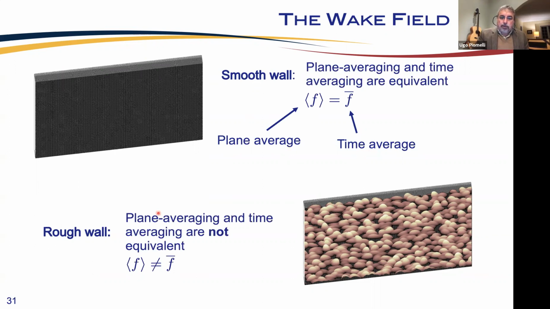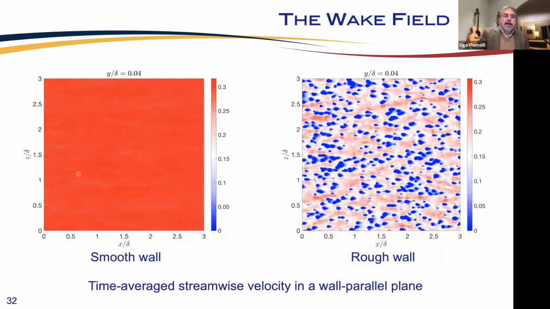Whereas if the wall is rough, plane averaging and time averaging are not equivalent. So here, for example, I'm showing a plane parallel to the wall for a smooth wall and a rough wall calculation. And I'm showing contours of the time average streamwise velocity, which in this case is uniform.